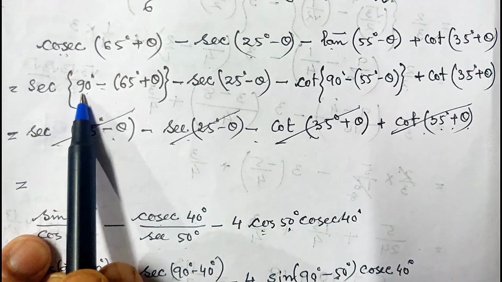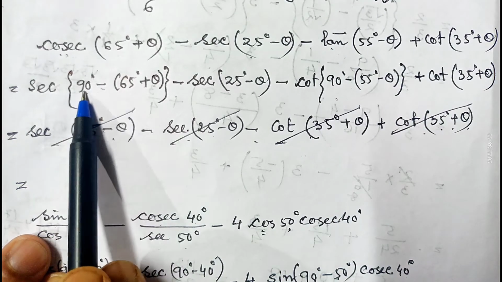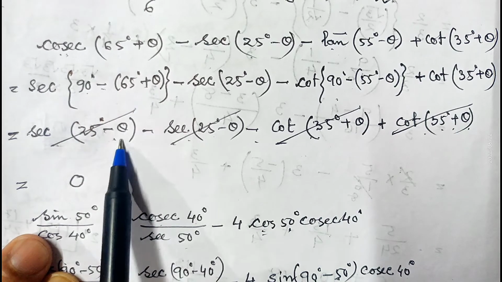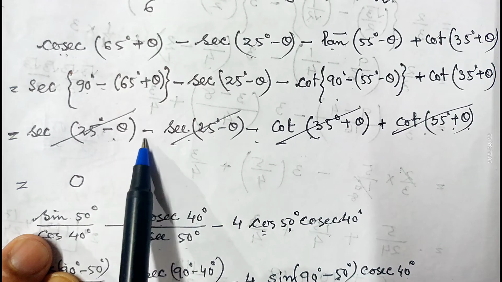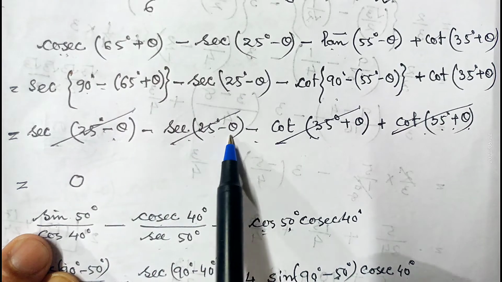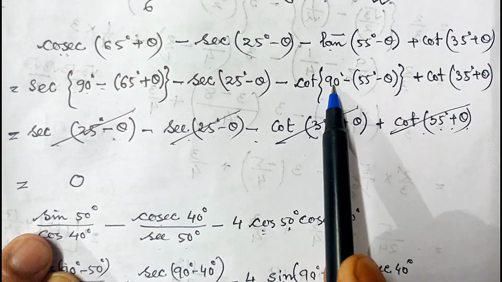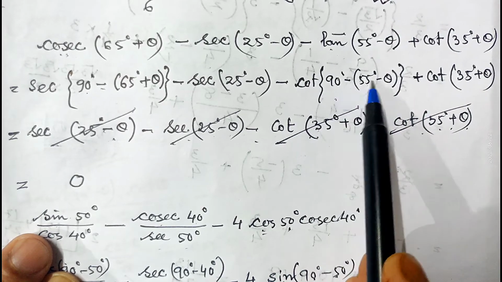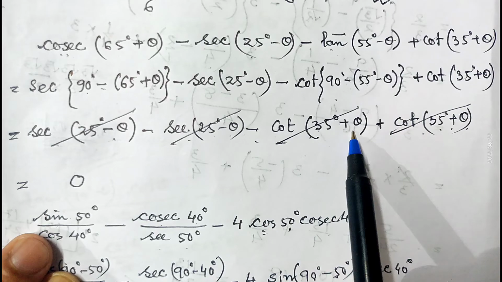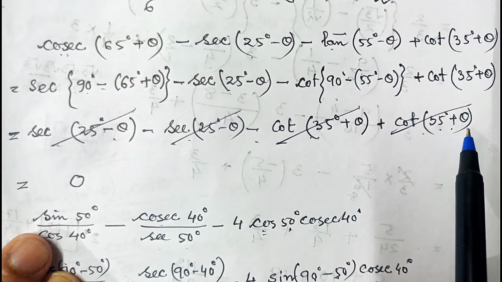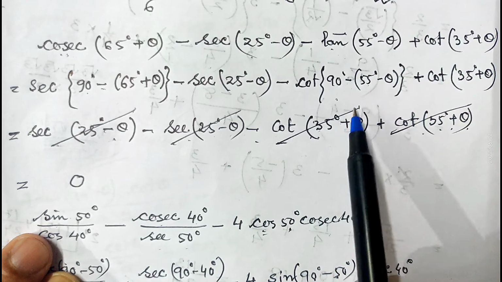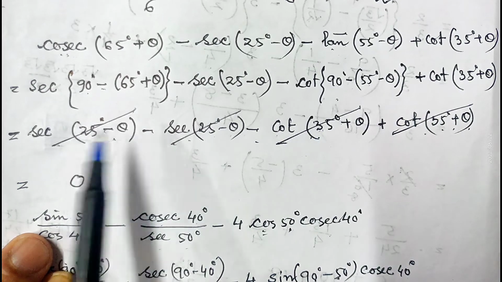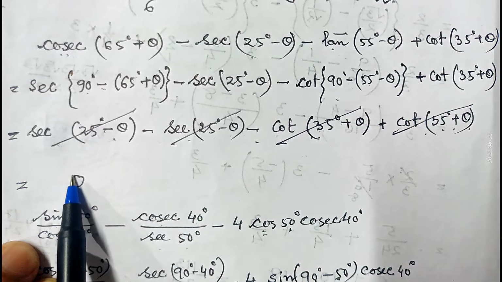Now sec 90 minus 65. 90 minus 65 is 25, and plus minus minus theta, so it will be 25 minus theta, minus sec of 25 minus theta, minus cot 90 minus 55. 90 minus 55 is 35, minus plus theta, plus cot of 35 plus theta. So this is positive, this is negative. So they are equal and opposite and cancel each other. Here also they can be cancelled. So the net result is 0.